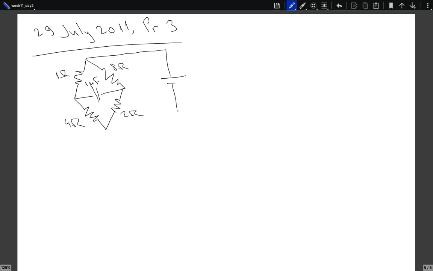And they are all connected to a battery with an EMF of 10 volts. And this says that the circuit has been connected for a long time, that is t goes to infinity.